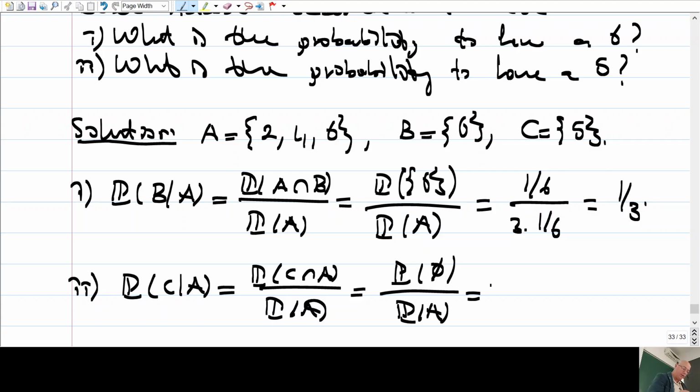And the probability of the empty set is, of course, 0, divided by 1 over 2. So this is just 0.